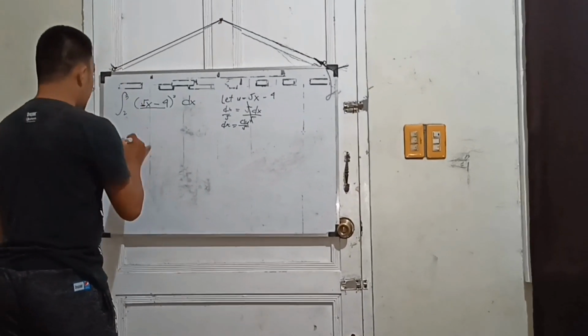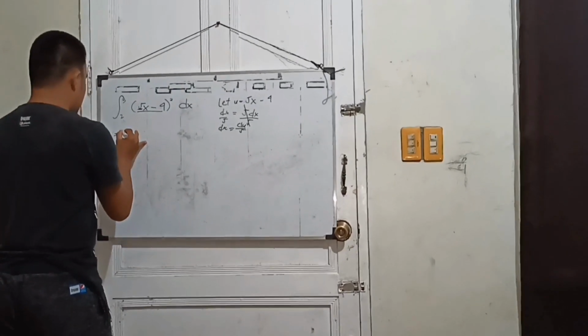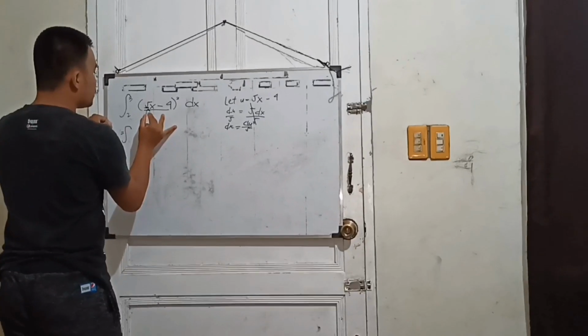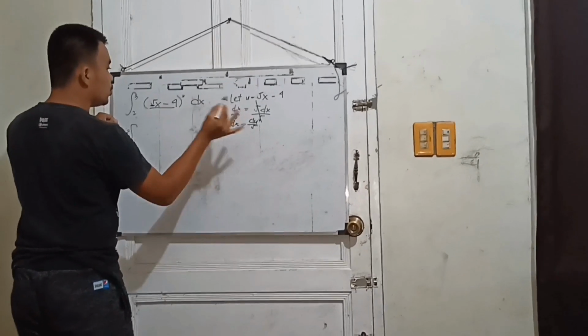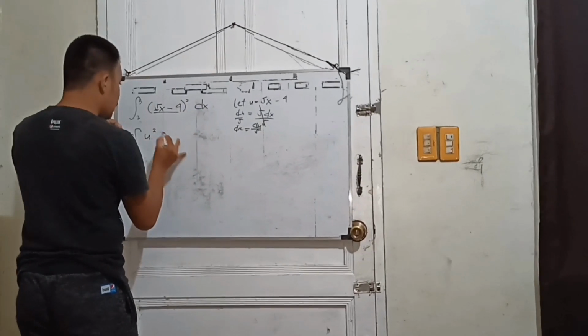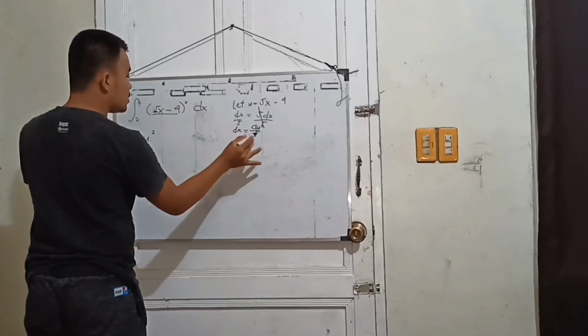So to start, it is equal to the integral. Since we substituted this expression with u, we will use u squared, and the value of dx is du over 5.